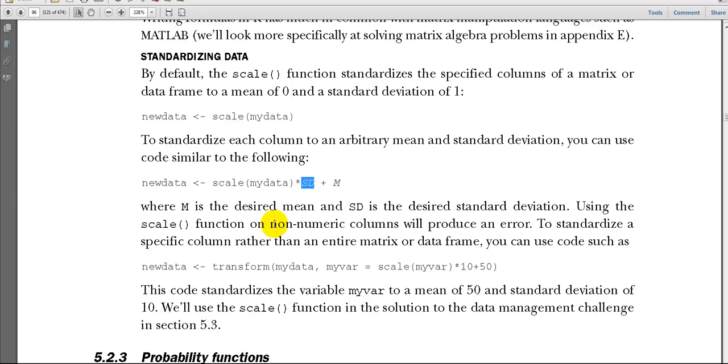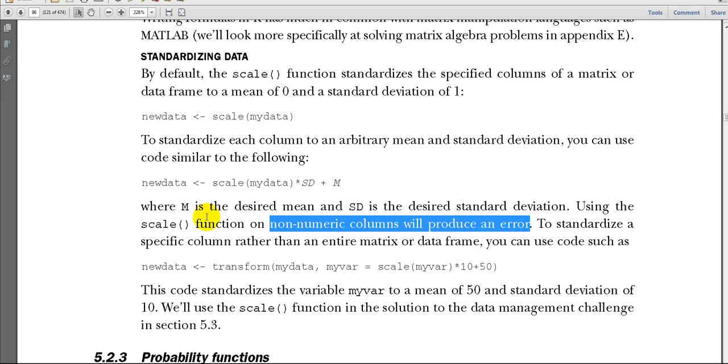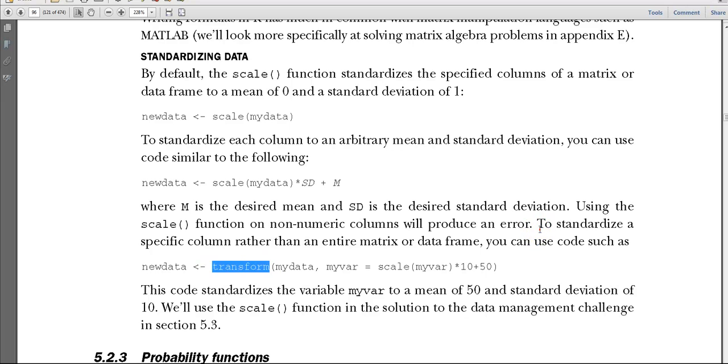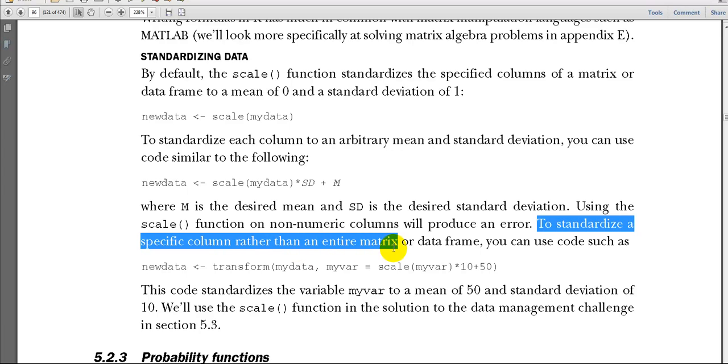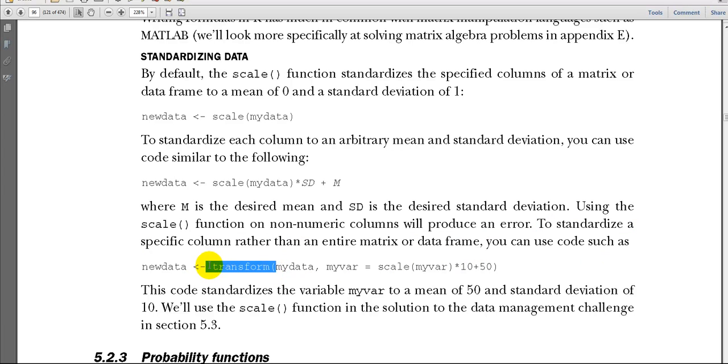Okay, he also says if you try and use this on non-numeric data, you'll get an error. And then he says you can use the transform function to standardize a specific column rather than the entire matrix or the entire data frame. You can use this kind of code. So you use transform, which we've seen before. You can look it up again.